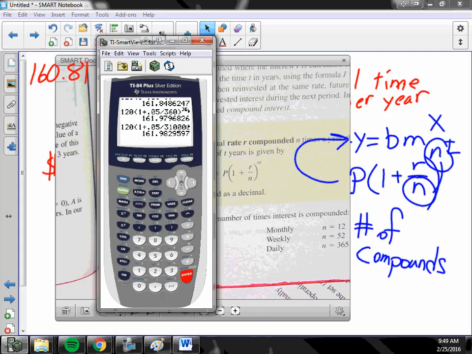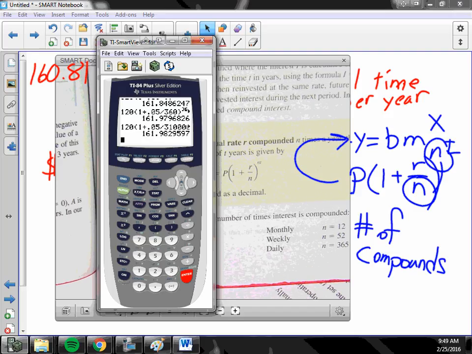So if you go from one compound to 2, you're actually going to gain quite a bit. If you're going to go from 2 to 3, you're not going to gain as much as you did on the first one. And from 3 to 4, every time you go a little bit higher, the gain is smaller and smaller and smaller. And this equation actually has a limit.